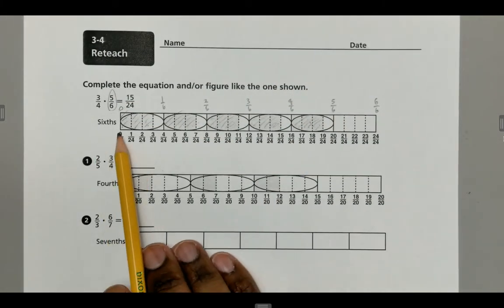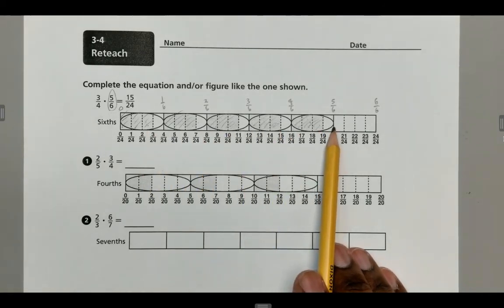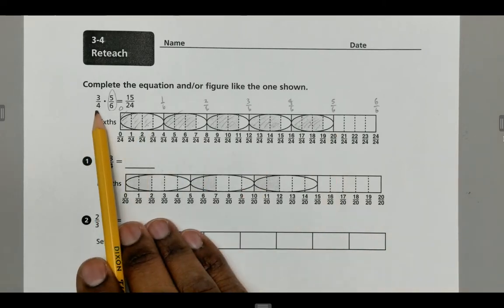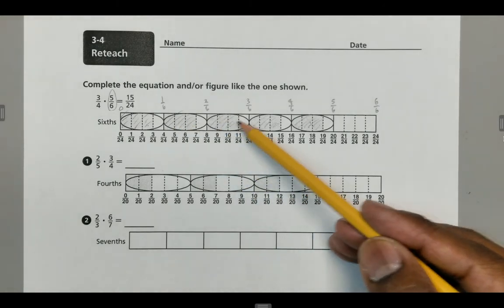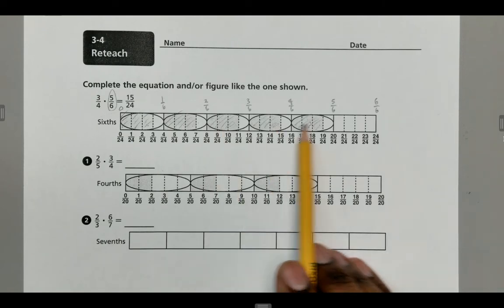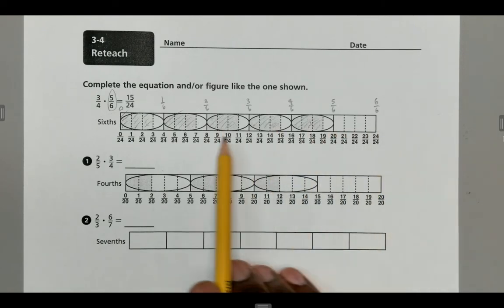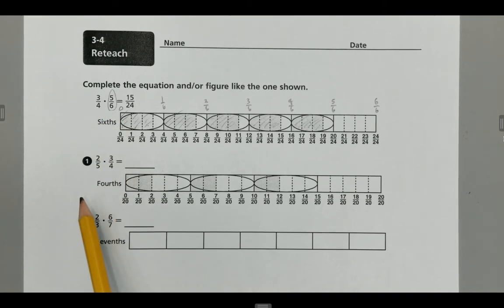Now, let's say within each of those sections that I have circled to show 5/6 of a whole, I have shaded in 3/4. Now my model shows not just 5/6 of a whole, but within that, 3/4 of 5/6.